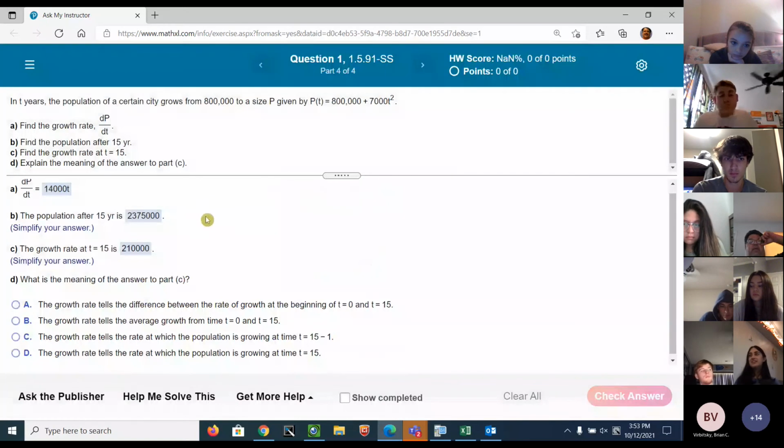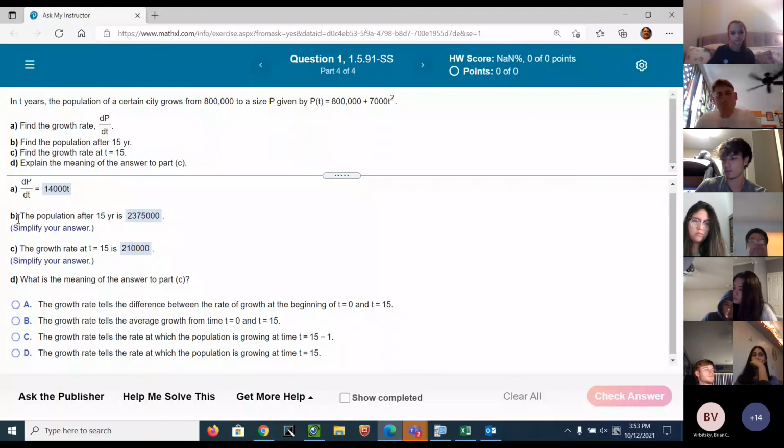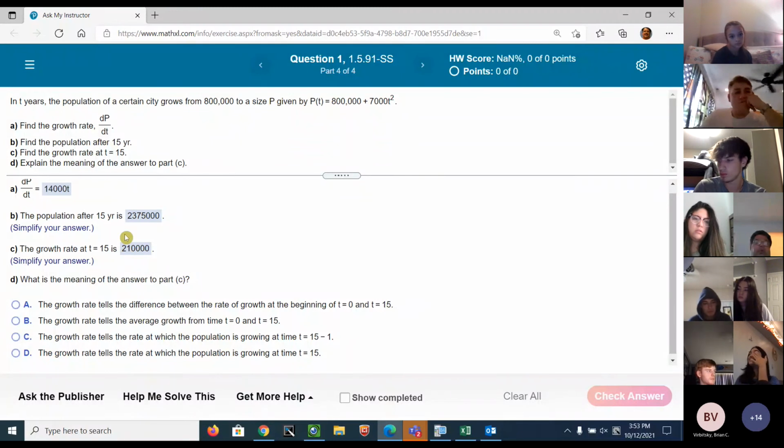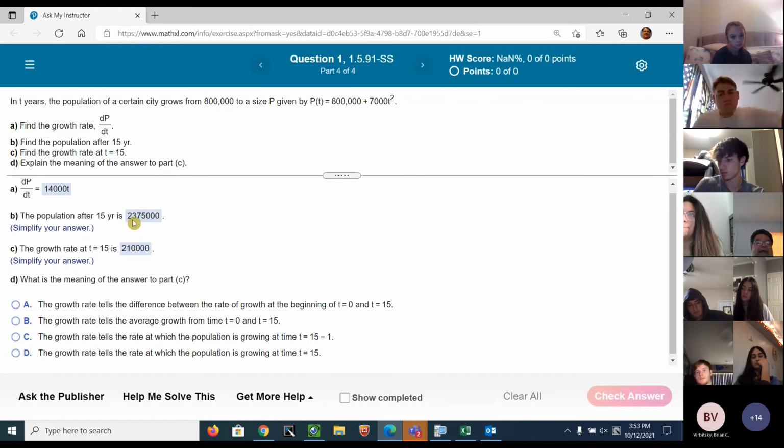Explain the meaning of the answer. Well, the population is what the population is. This is how fast it's growing at 15 years. It's growing at 210,000. It is 2 million at 15 years.